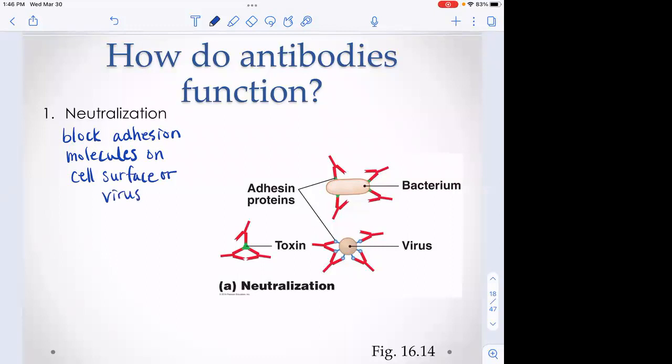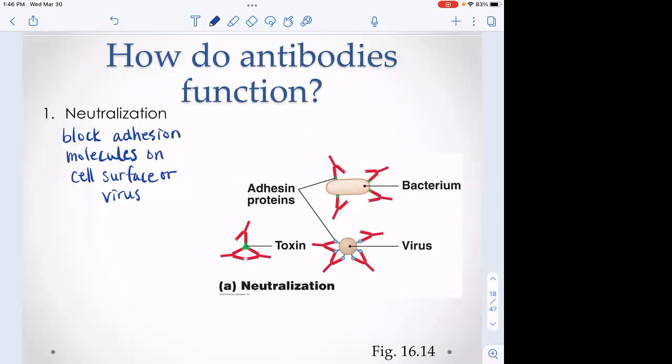When we talked about the process of infection, whether you have a virus or a cell, there are always going to be some adhesins on the surface that help it to target what kind of cell is going to get invaded, right?